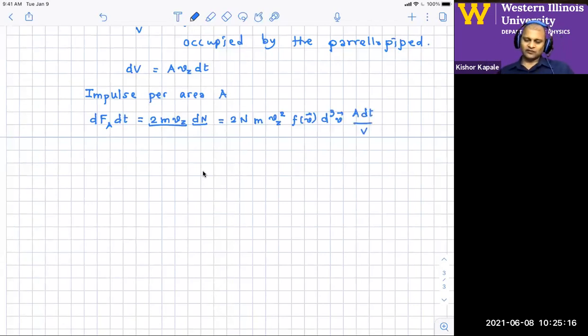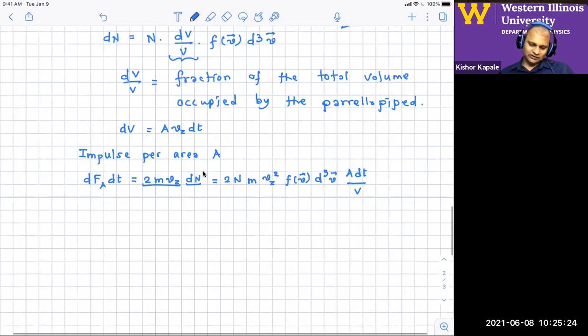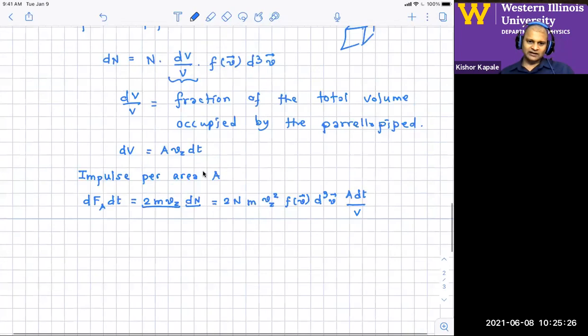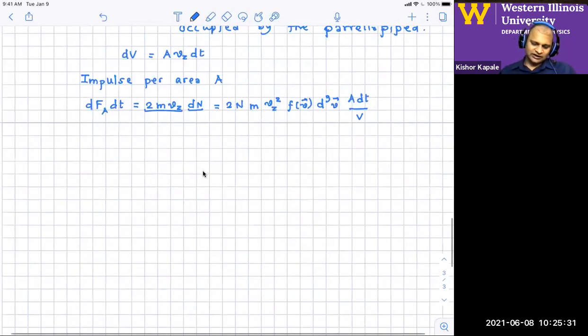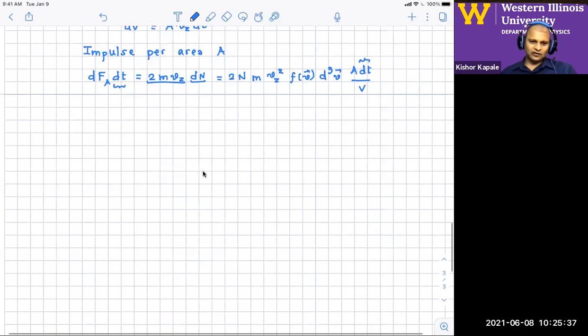V is the total volume, so we don't need to calculate that. A times vz times dt comes from the dV, and then the rest of the expression. So we have just connected the dN and dV expressions and multiplied them together. dt is there on both sides, so we don't need to worry about that. We can remove that. This is basically the force in a time interval dt.